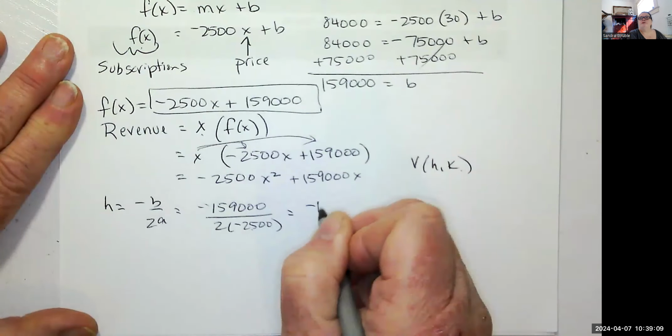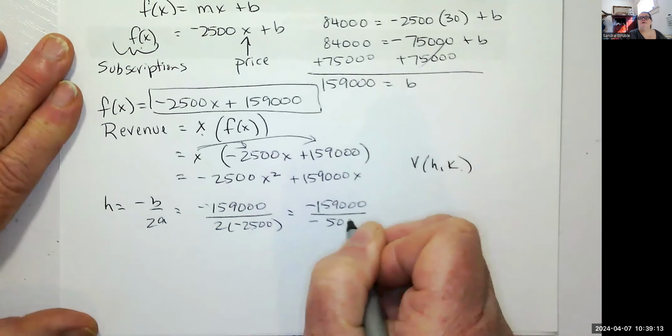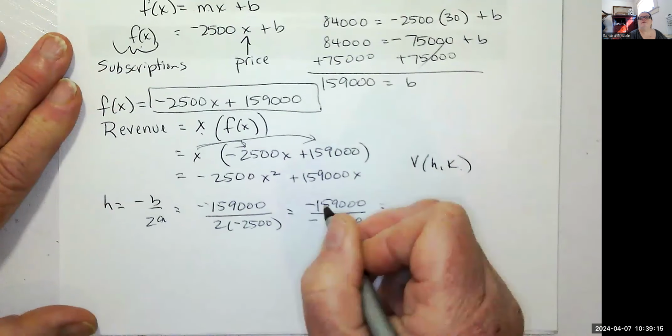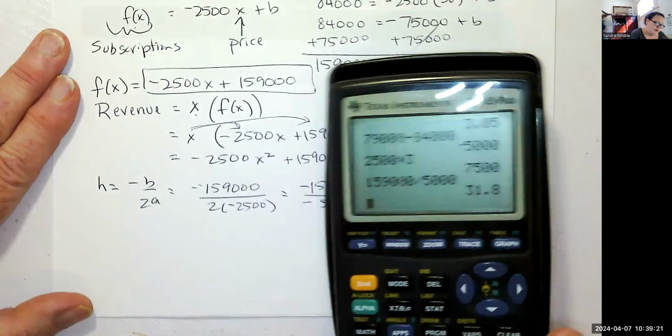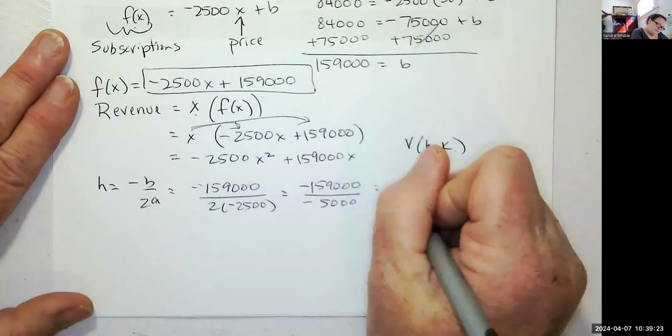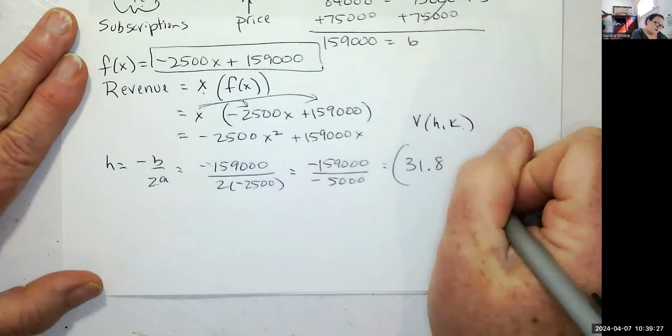This is going to be a positive, but I'll just go ahead and do this: over negative 5,000. 159 divided by 5,000 is 31.8. So our h is 31.8.